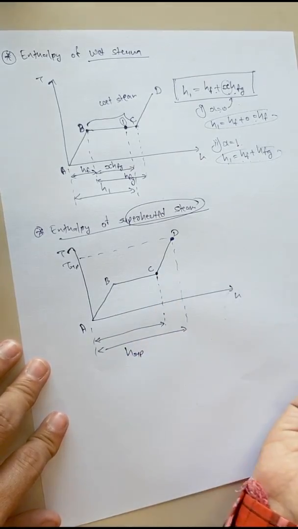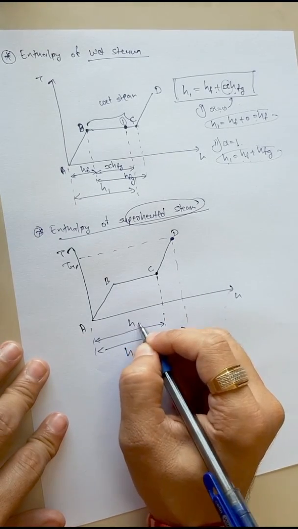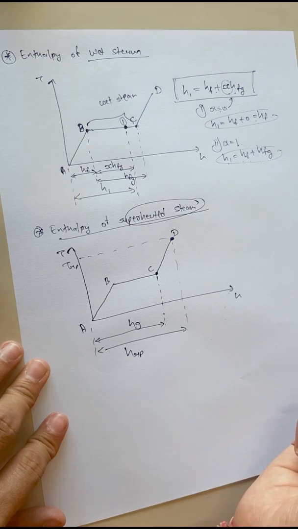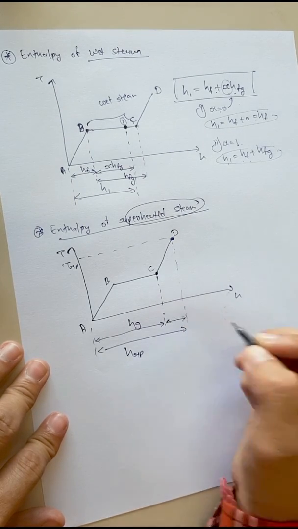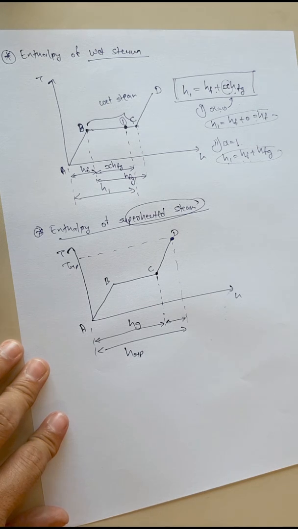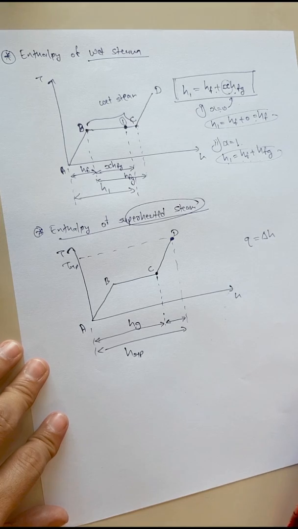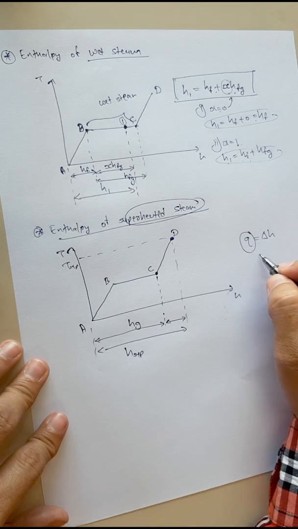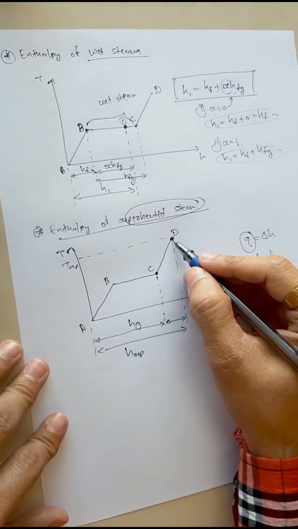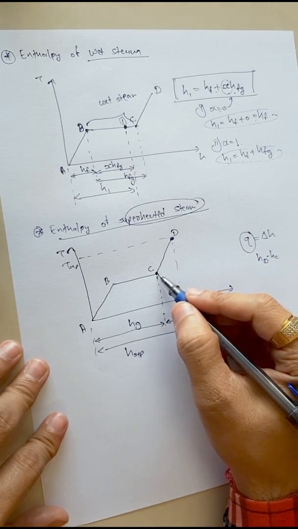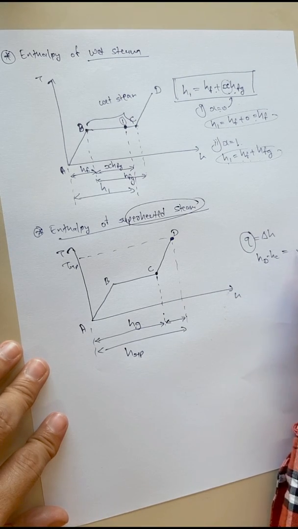Enthalpy up to point C is the enthalpy of dry steam Hg, plus the enthalpy from point C to point D. We know that change in enthalpy is equal to the amount of heat required. So HD minus HC will be equal to the amount of heat required, and that is Cp times T super minus T saturated.